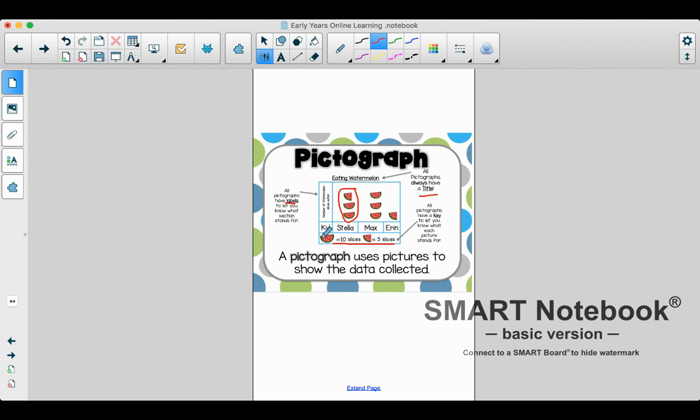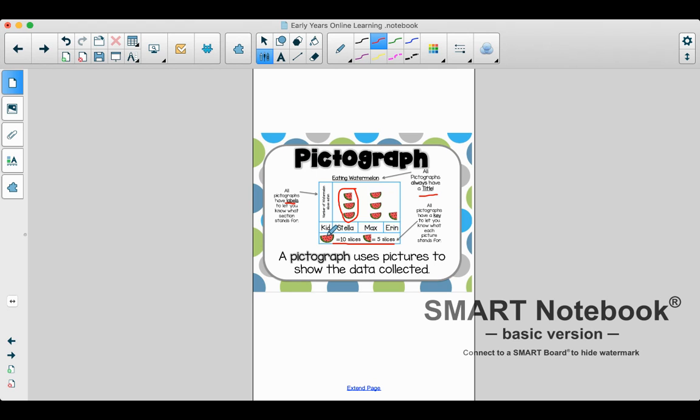So one watermelon, guys, does not equal one person eating one watermelon. How many slices does it equal? 10 slices. So if Miss Filer had 10 slices of watermelon, I would get one of these under my name.